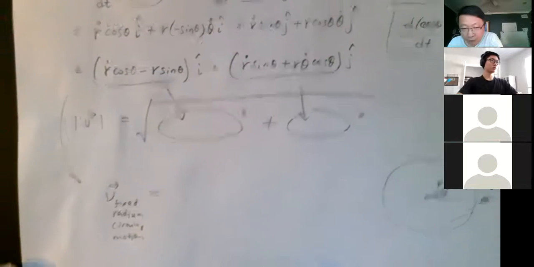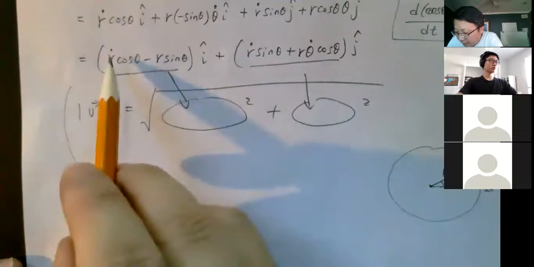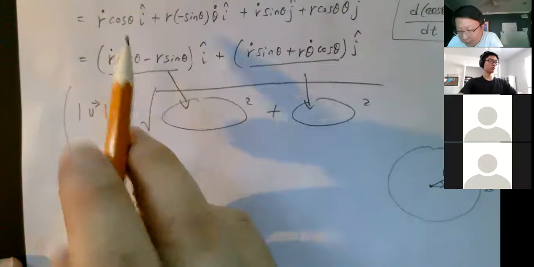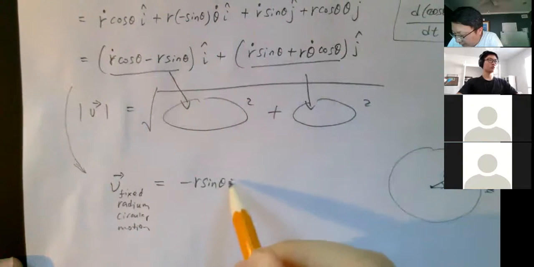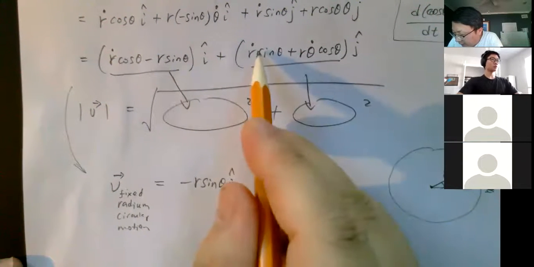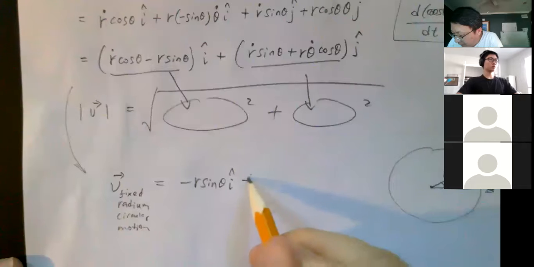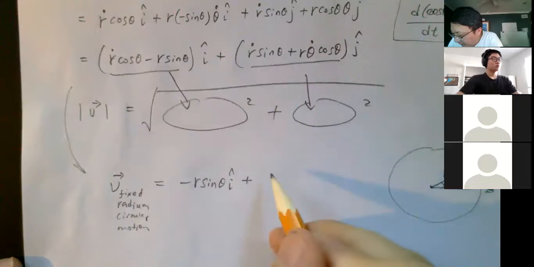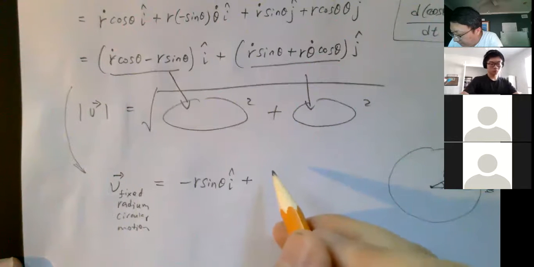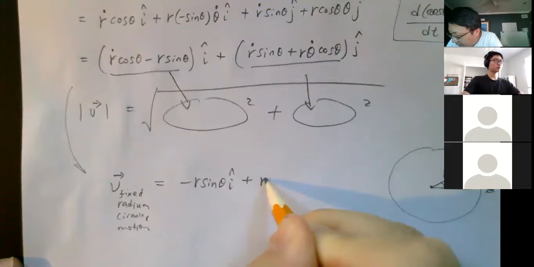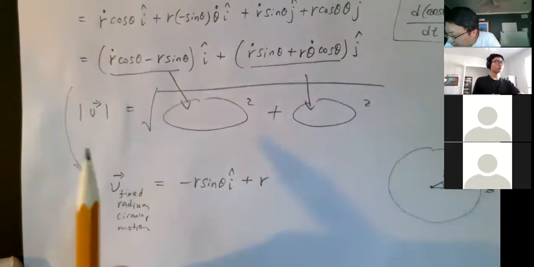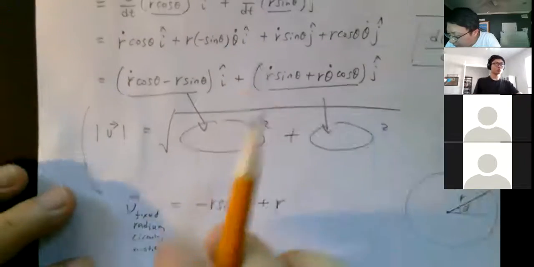This becomes 0. So R dot is 0, right? So this can become minus R sine theta i. R dot 0 plus, oh, sorry.